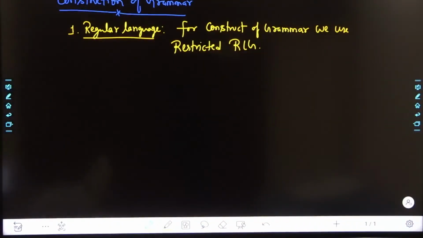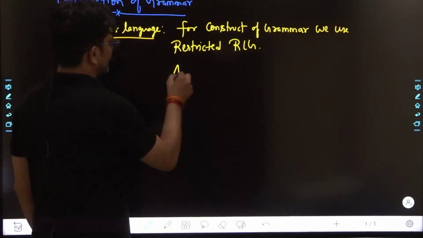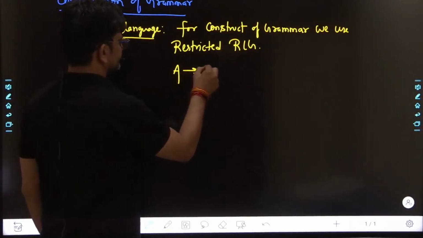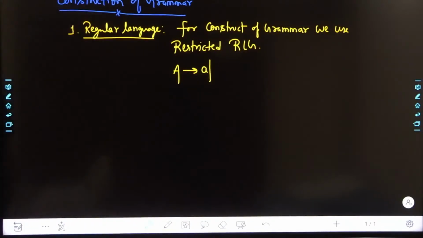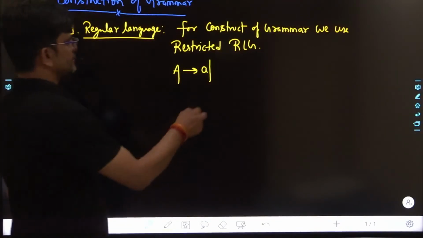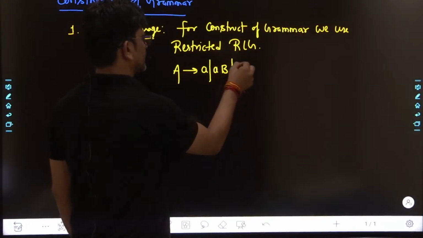So what is the restricted right linear grammar? See, my dear friends, A determines a exactly one terminal, then B, or epsilon.